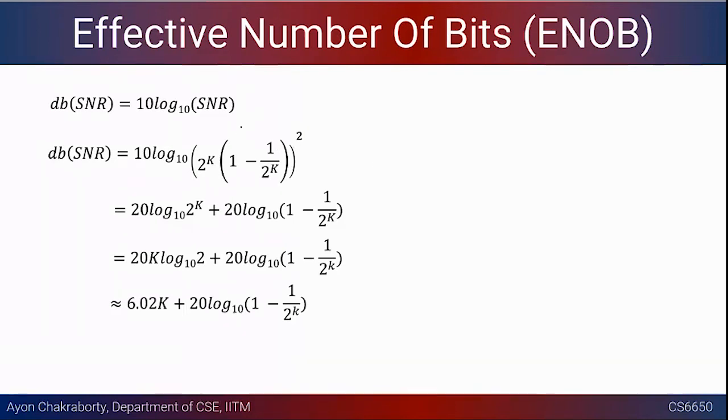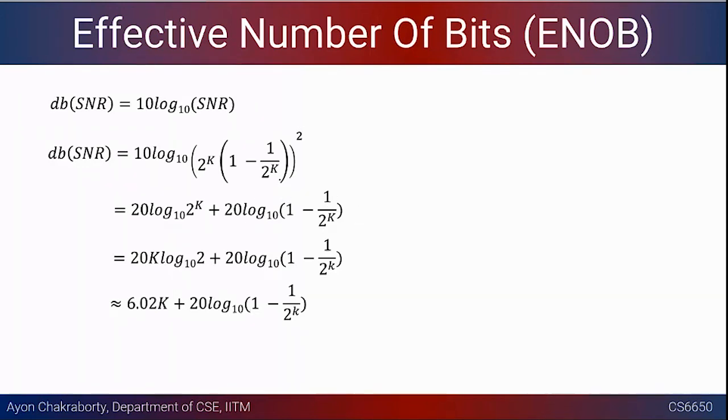If we place the value of SNR that we derived in the last slide and simplify the expression, it becomes something like this: 6.02, which is the value of 20 log base 10 of 2, into k, plus 20 into this term. These are steps you can follow very simply.